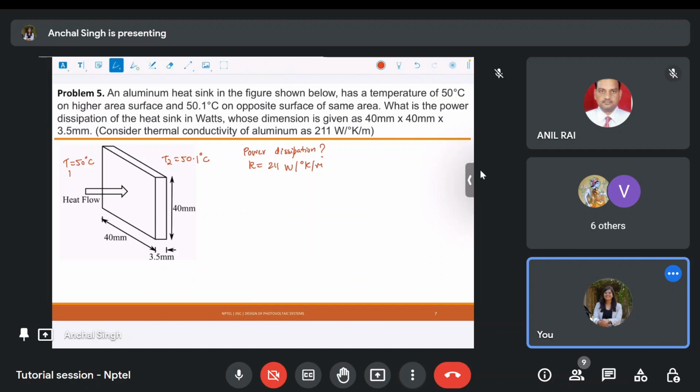Okay, so we know that this is a conduction problem. In this, Q is given by K A delta T by delta X. We already know A, that is the orthogonal area, that is 40 cross 40.